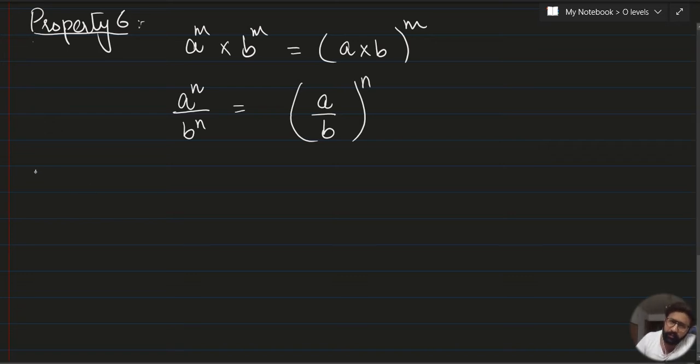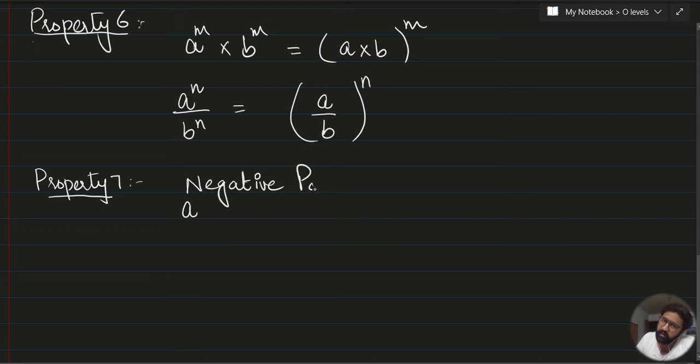Then comes another property, property number 7, and that property is that if the power is negative, there is a negative power, what are you going to do with it?